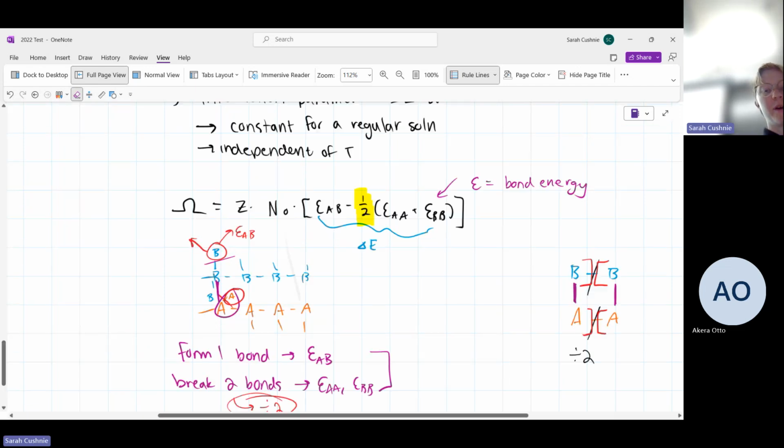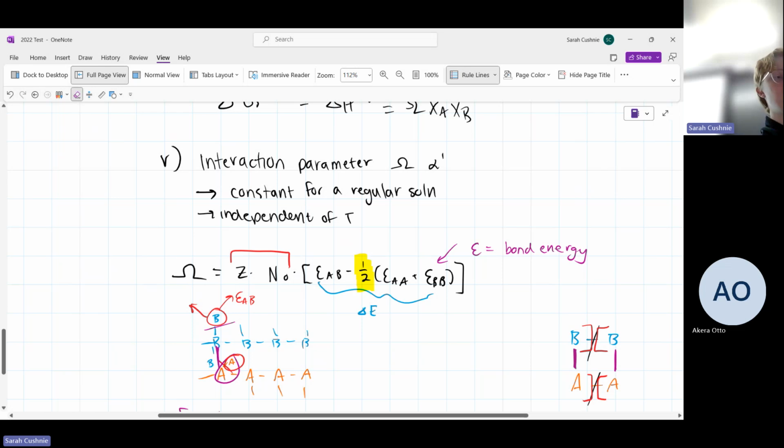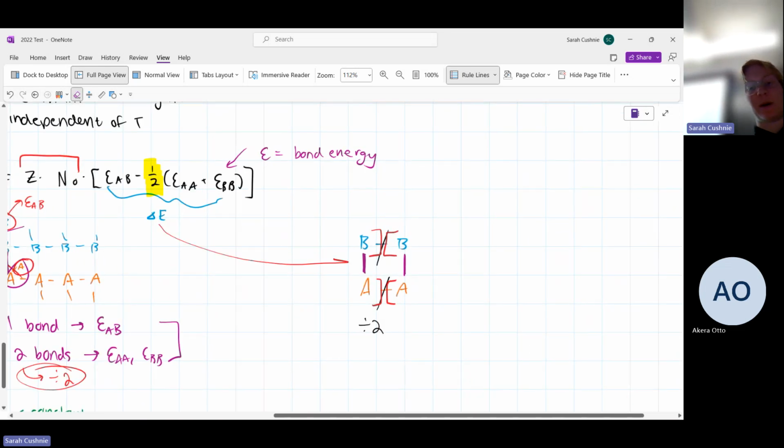The last few things to go through with this equation are these two terms here, Z and N naught. Essentially this represents the number of bonds that we can make. When we're talking about the simple situation of delta E, I could simplify it to just A bonded to B, A bonded to A, whatever.